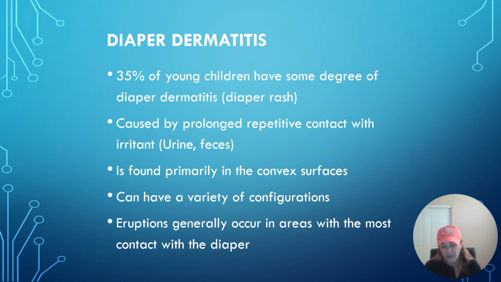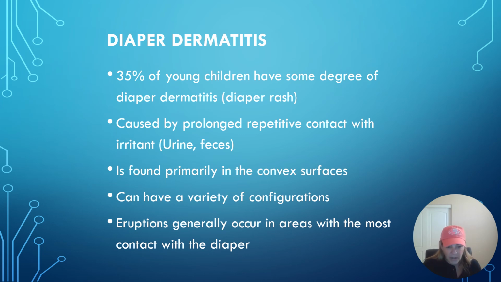So it's important, if they don't void normally, if they're voiding through a urinary diversion device, or if they have bowel movements through an ostomy, that we take care of the skin surrounding those different types of devices.